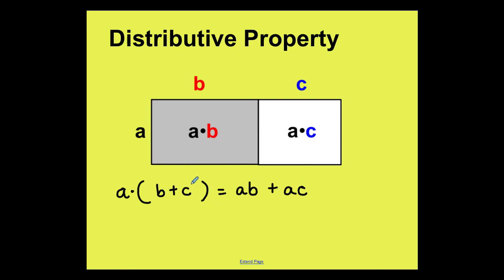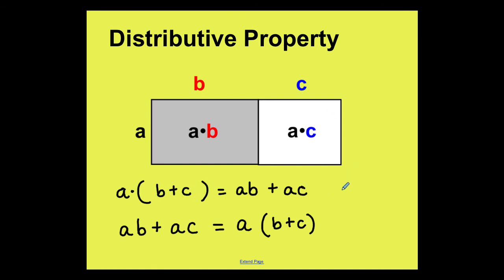Now I also want to let you know that if this is the distributive property, if A times the sum of B plus C equals AB plus AC, remember A, B, and C are whole numbers, then when you see this side of the expression, you should also know that it's also equal to this side of the expression.